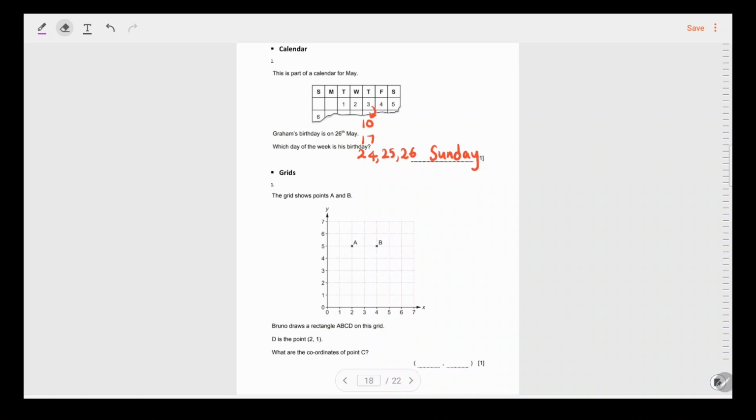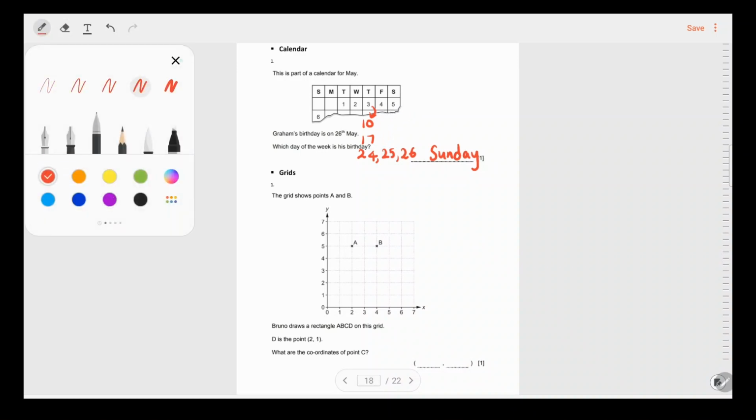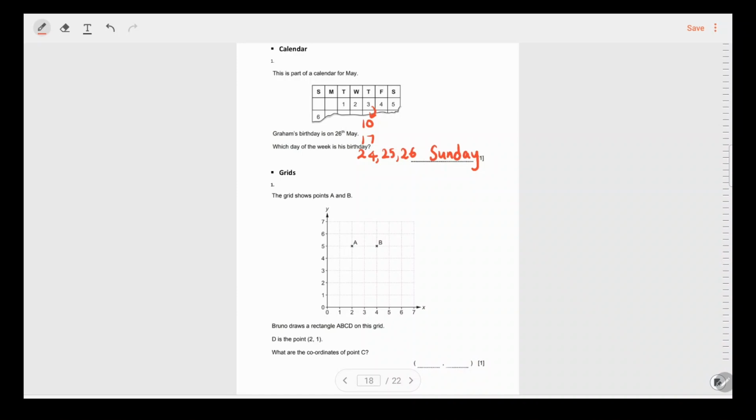Great. So the next topic is grids. Here you can see there's a grid with labeled points A and B. The question says Bruno draws a rectangle ABCD on this grid. D is the point 2, 1.